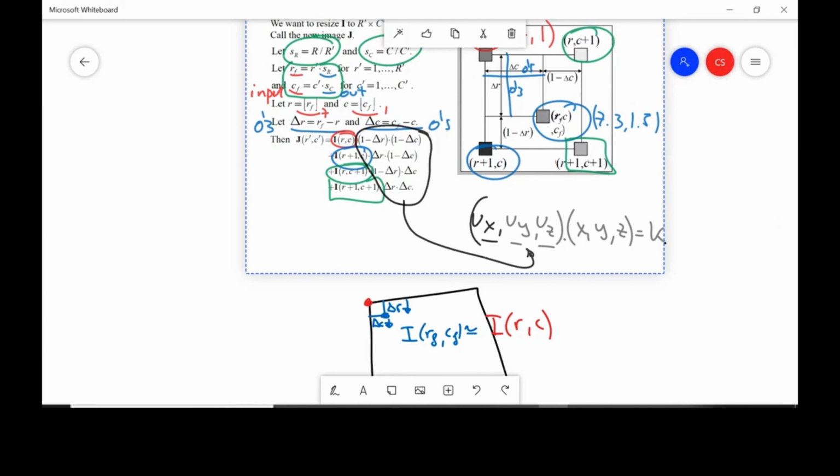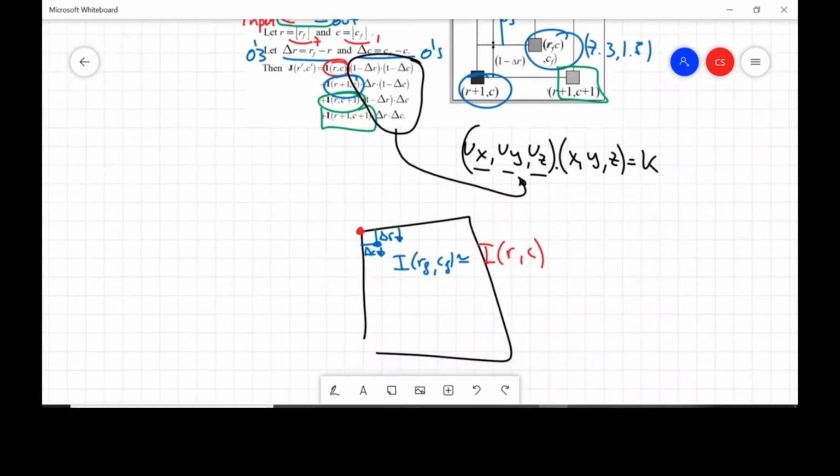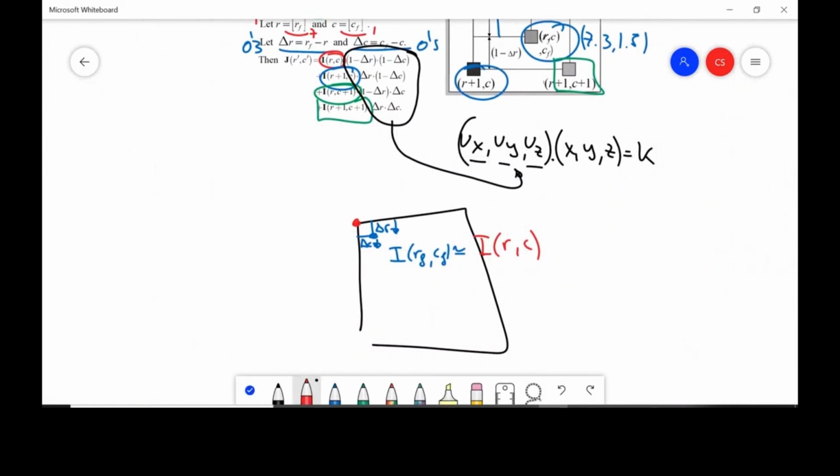I mean, if you make the same reasoning for any other location, you see that the pixel is taking the large weight from the closest pixel. Okay, so if you do the same reasoning now with a different point, this one here, now delta R, delta C, they are large.